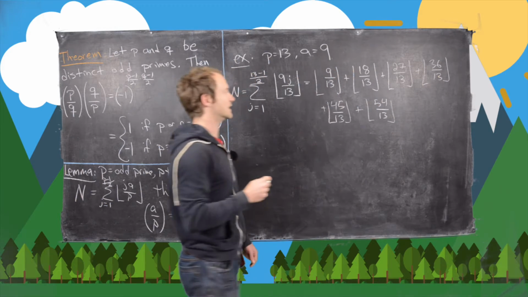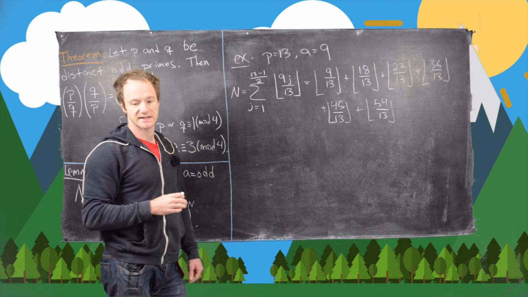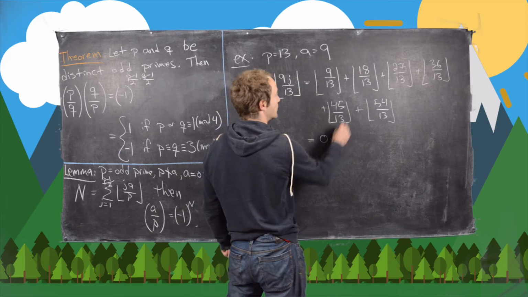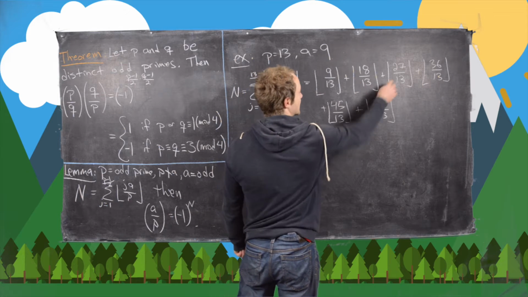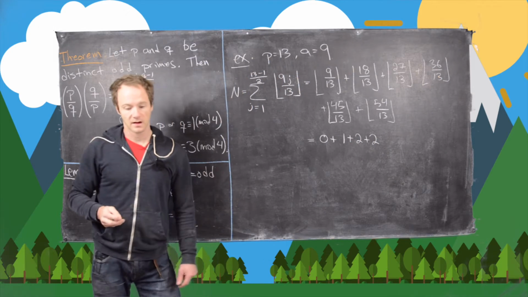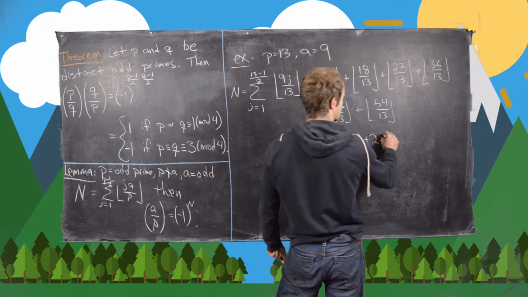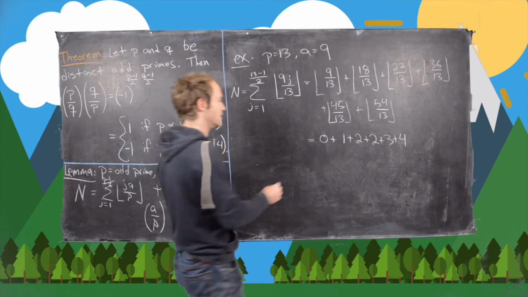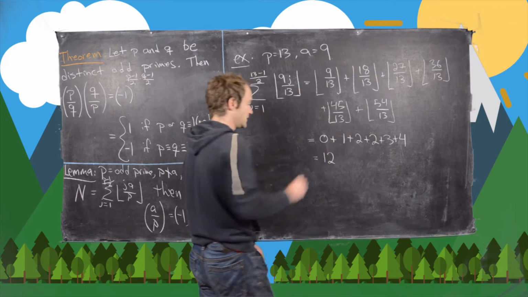So we have the sum from J equals 1 to 6. Taking each of those floors, we get 0 plus 1, plus the next two are 2, plus 3 plus 4. But now notice that adds up to 12.